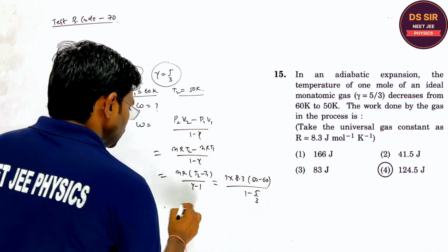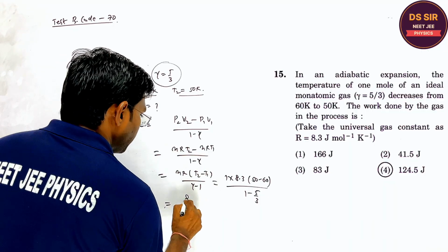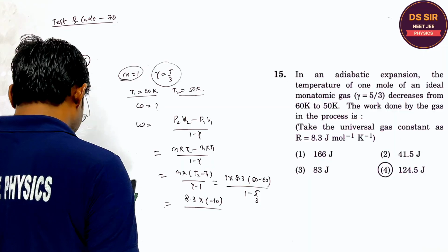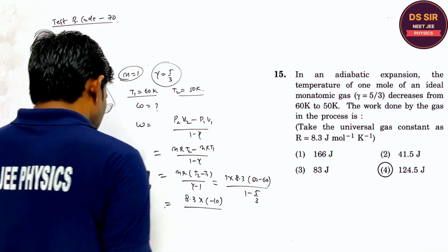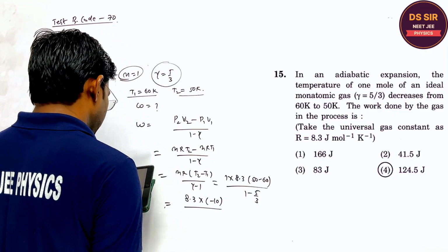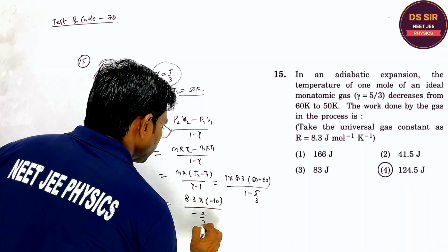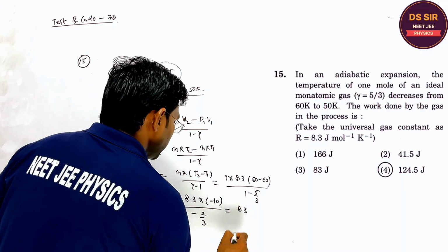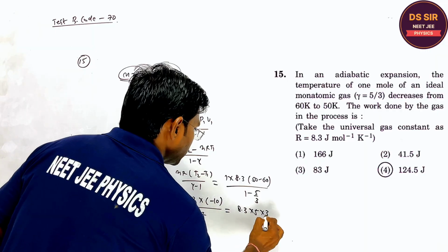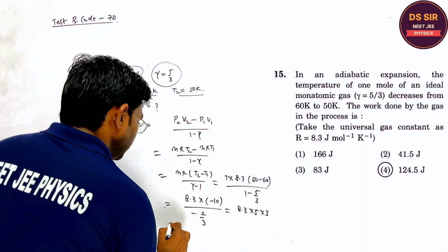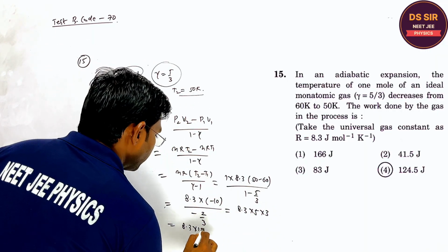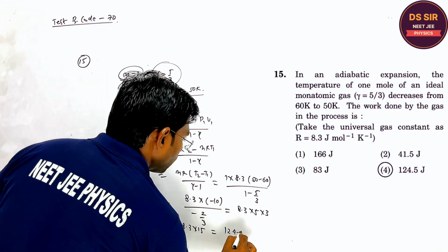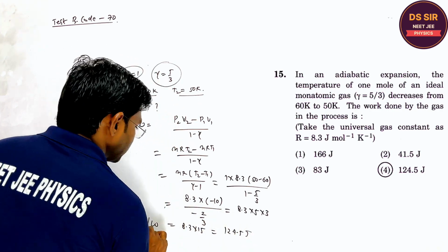So you can write 8.3 into minus 10, the temperature decreases, upon minus 2 by 3. If you simplify this, minus minus cancels out. 8.3 into 5 into 3, which is 8.3 into 15. So when you calculate this, you will get 124.5 joule is the correct answer.